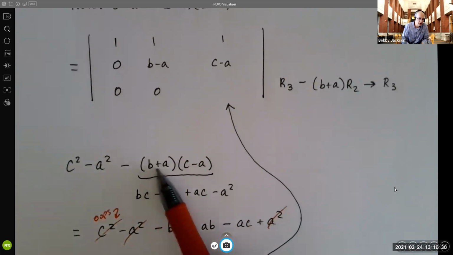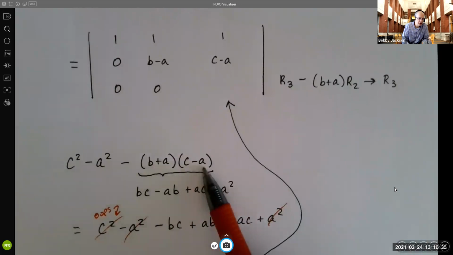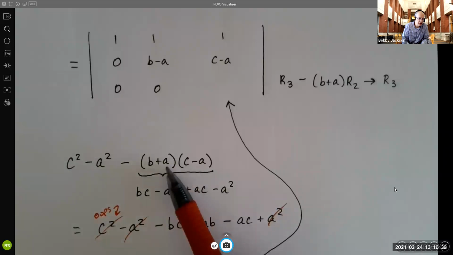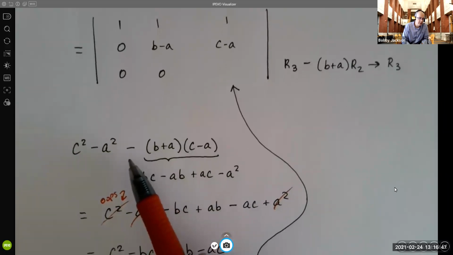First of all, I'm going to FOIL this out. First, B times C is BC, outer is negative AB, inner is positive AC, last times last, positive times negative, negative A times A squared. So that's what that FOILs out to. But now I'm going to simplify. I'm going to distribute this negative sign through this whole thing now, right?